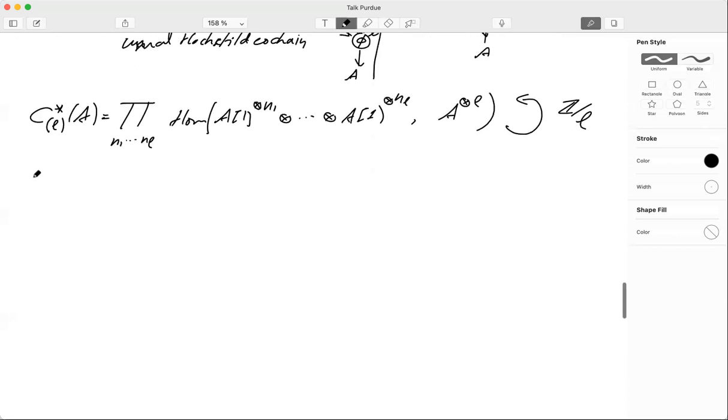For any integer D, I'm going to make a D-shifted version of polyvector fields.